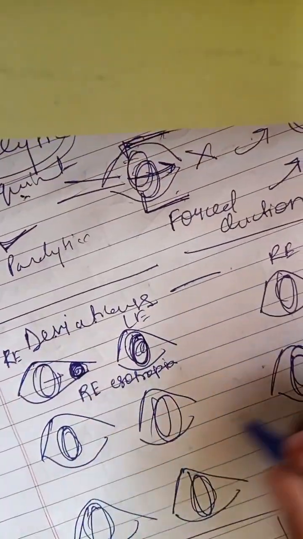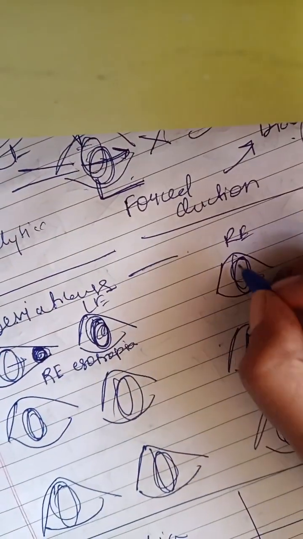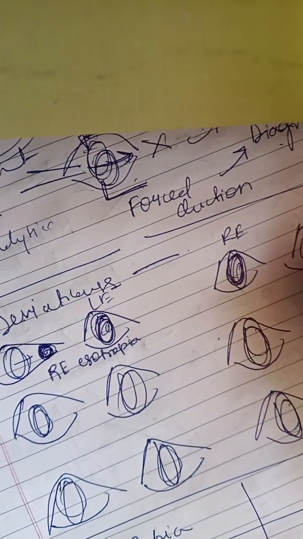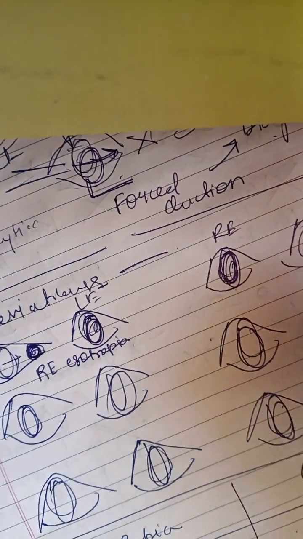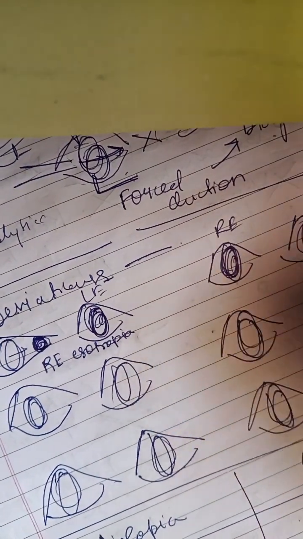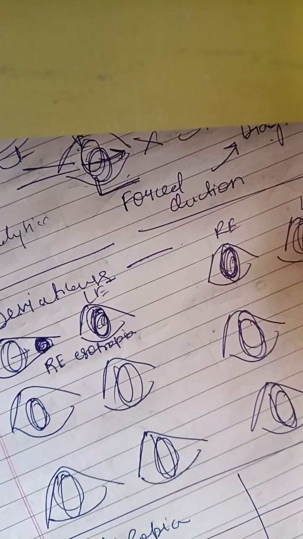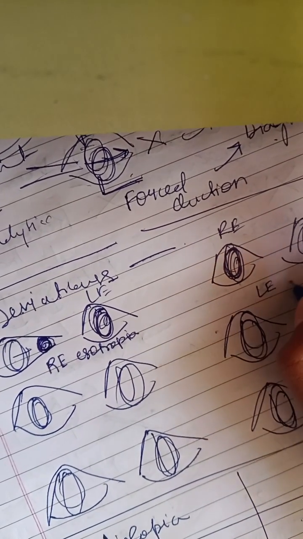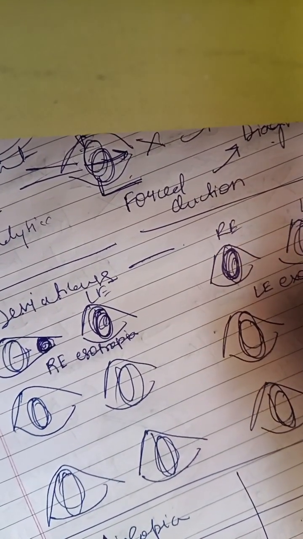And if the deviation is outside, so this is your straight eye and let's say your left eye moves over here, then exo, moving out. So we call this left eye exotropia.